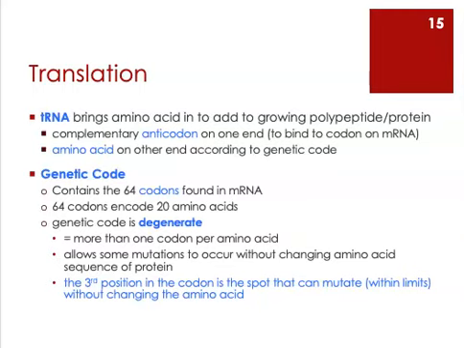The group of 3 bases in the messenger RNA is called a codon. At one end of the tRNA molecule, there's going to be 3 bases. That's called an anticodon. There is an anticodon for every codon.